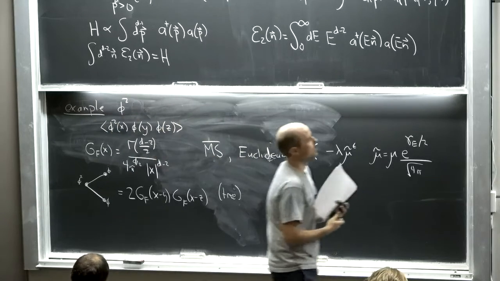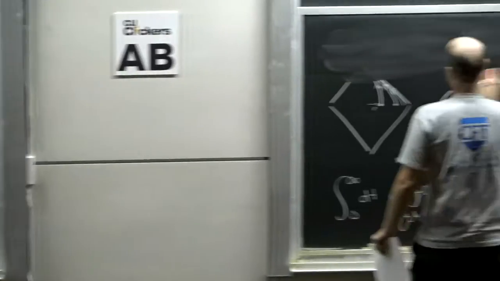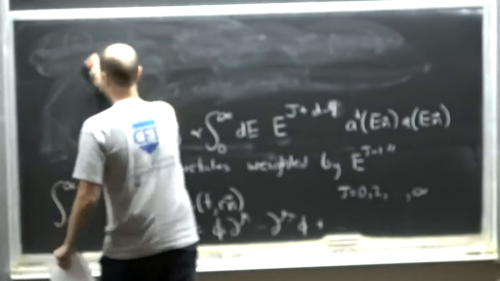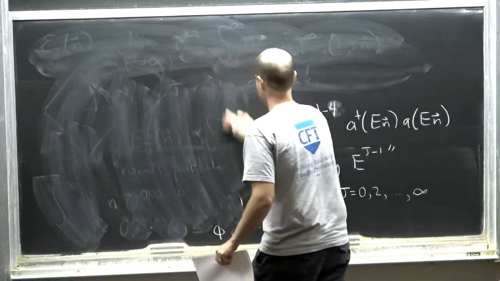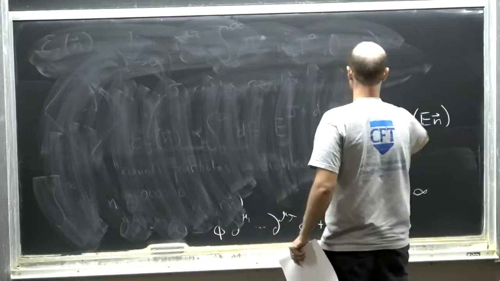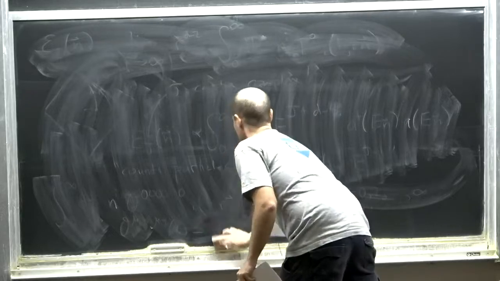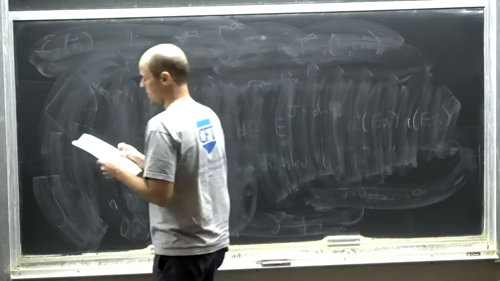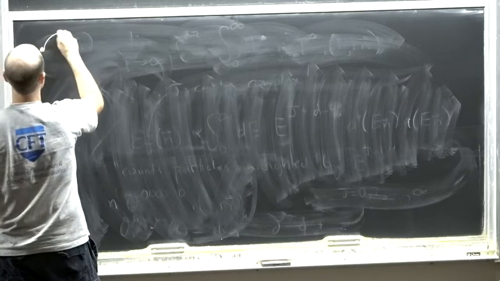Now let's look at the first one loop correction. So at one loop, we have a graph that looks like this.